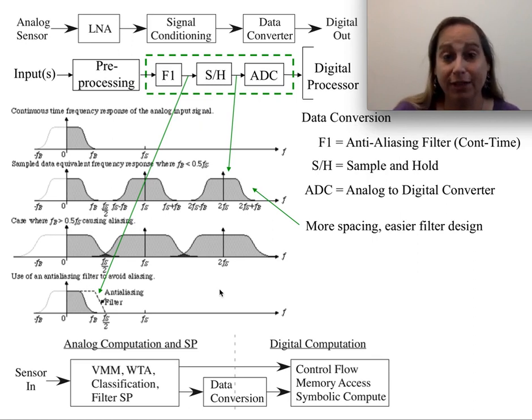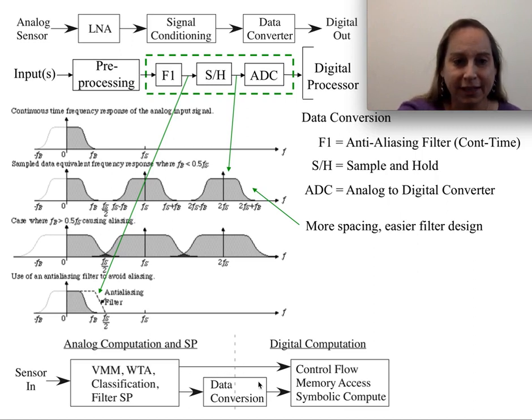Now you think, wait a minute, I'm not worried about anti-aliasing in the same way, because maybe when I'm converting things, it's already classified. A classifier is just a simple form of a data converter, or data converters are one form of a classifier. All of that now moves into the digital system, which may do computing, symbolic or not, and other kinds of computation. And that will change this picture.